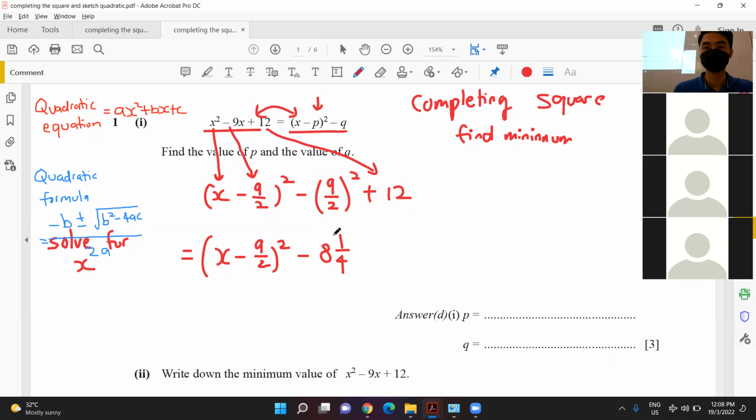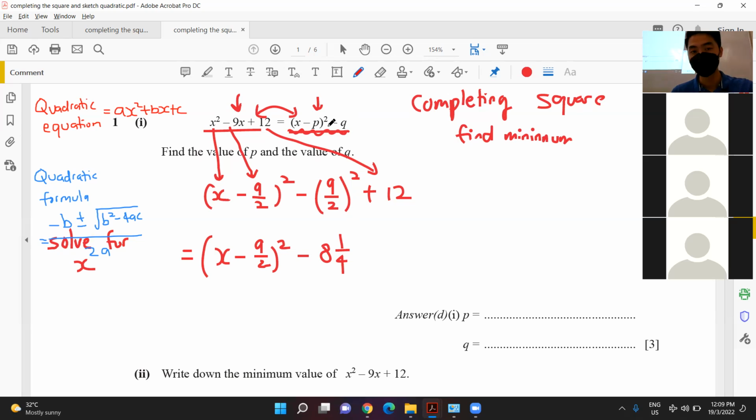Then what do we do about the x minus p squared, the first part? This is basically the formatting that they're asking us to show. You see here, this is what they ask us to show for the quadratic equation. This is the normal quadratic equation on the left, and on the right is the completing the square method, but they are actually the same equation, right?